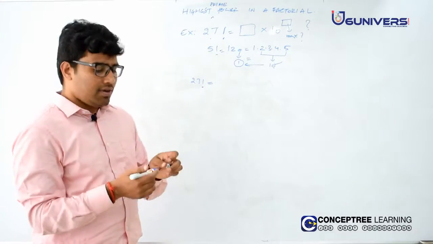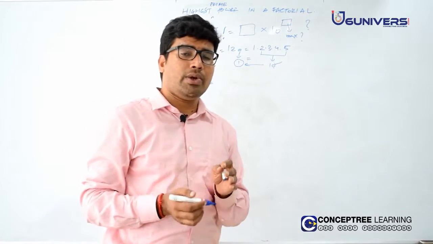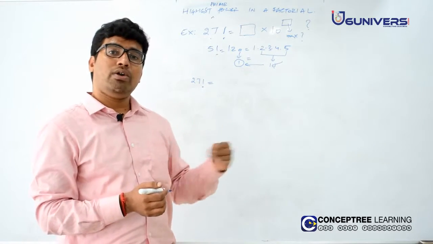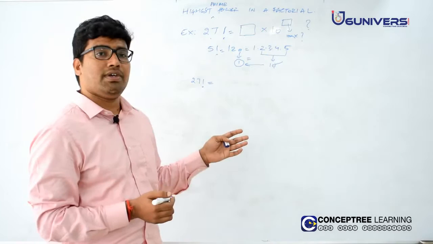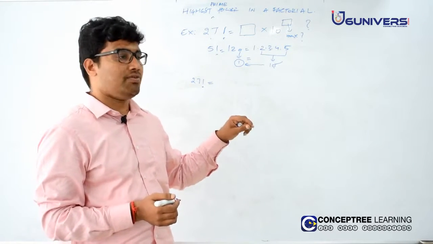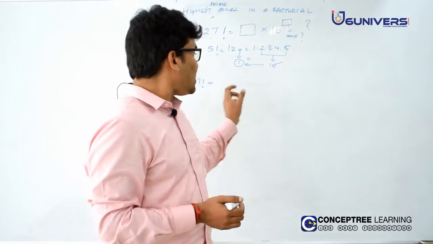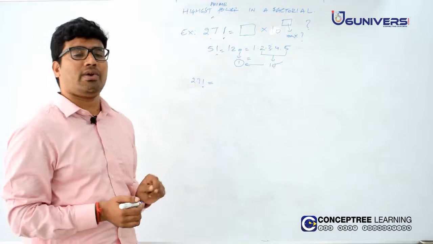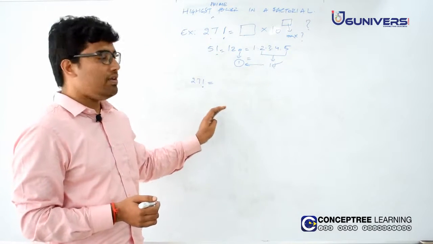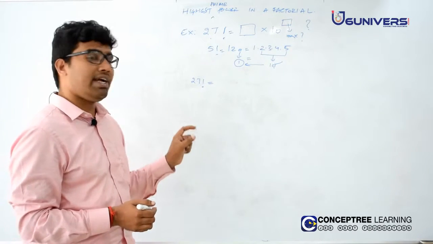So because of the higher frequency of 2's compared to 5's, in any factorial you can make a statement something like there will always be more 2's compared to 5's, which means the limiting thing is the number of 5's that we have. So instead of focusing on how many 2's are there, if we are able to catch how many 5's are there in 27 factorial, we can be pretty sure to find a 2 for each 5, thereby we will be able to get the number of zeros. That is a simple understanding that we have here.